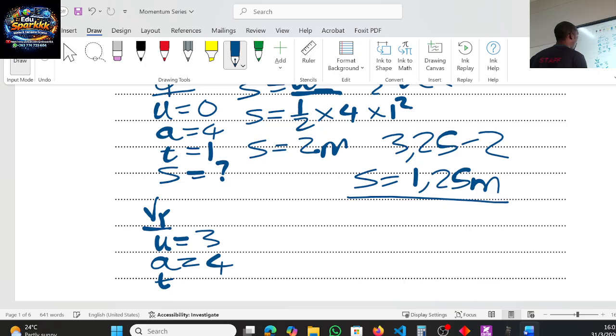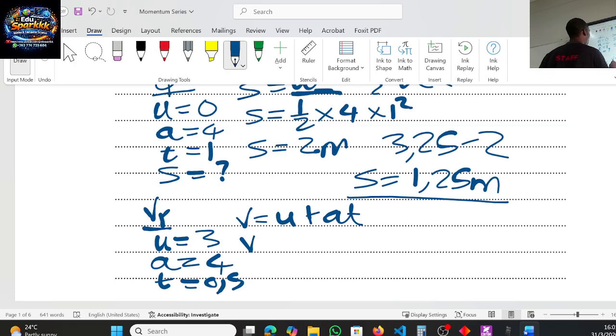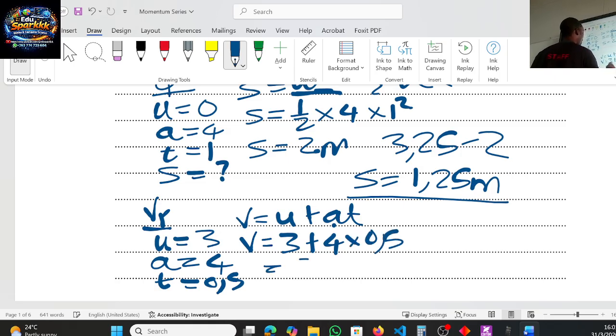The time for P is actually 0.5 for them to meet. So from the first law, we can say v equals u plus at. So this is 3 plus acceleration 4, multiplied by t, which is 0.5. So this will result in a speed of 5 meters per second.